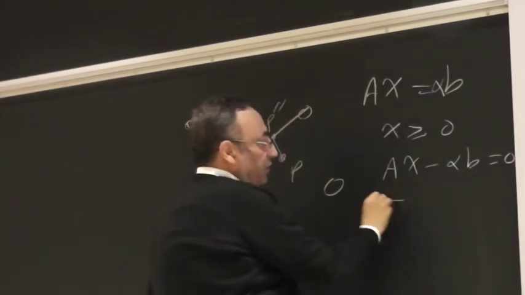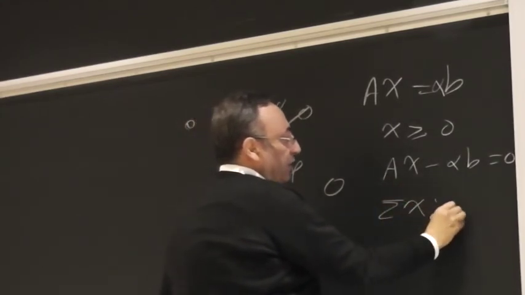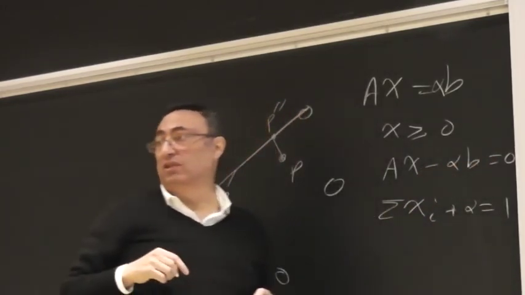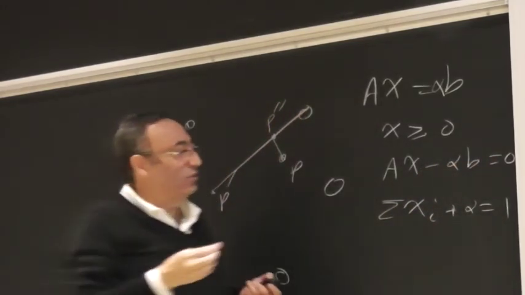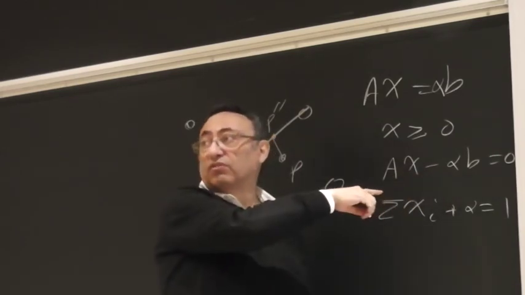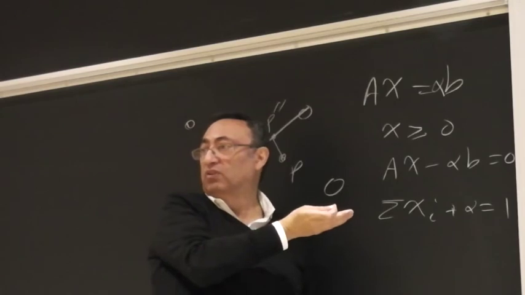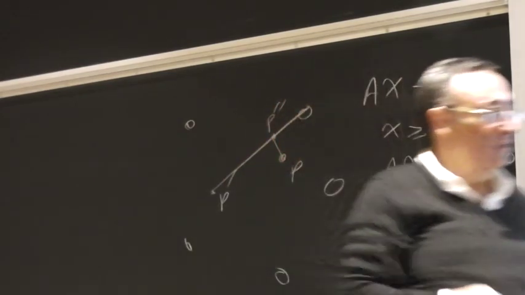And I could artificially introduce the summation of xi plus alpha to be 1, because this is a homogeneous system now. And then the question is, to what accuracy should I solve this? Because I want to divide by alpha eventually. I don't want the alpha to be too small. But here we have an estimate of that.